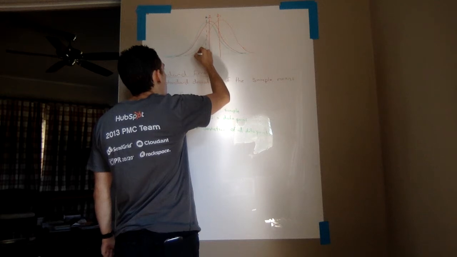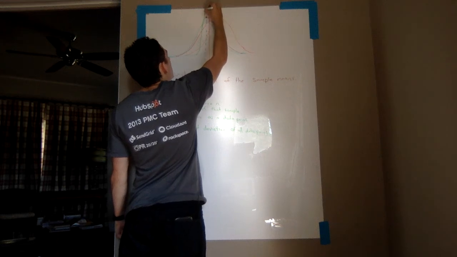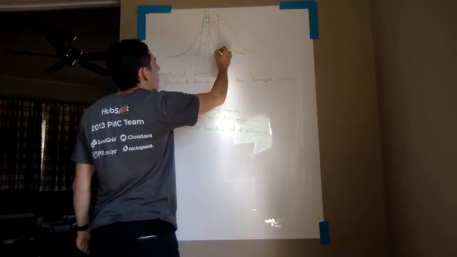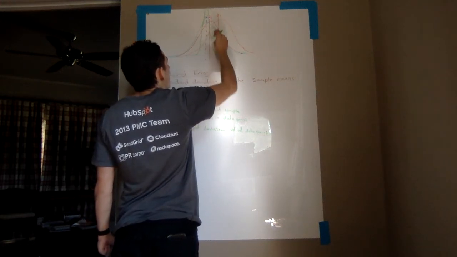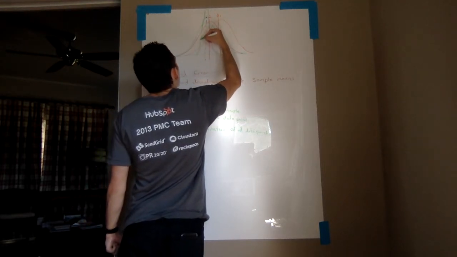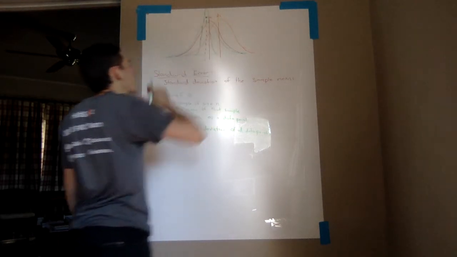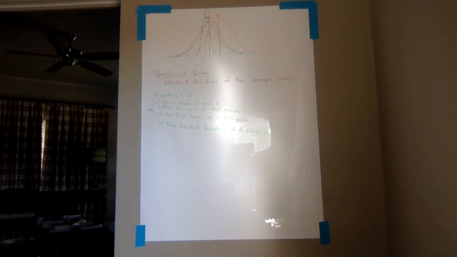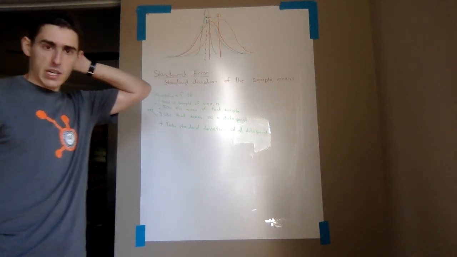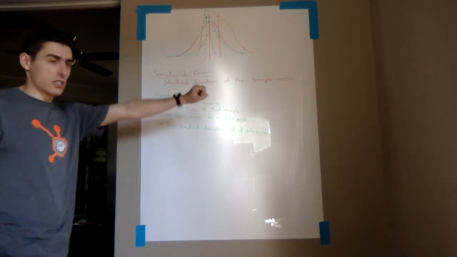We end up with a very spiky distribution right around the mean, because of course the average of all of the means is just equal to the population mean.